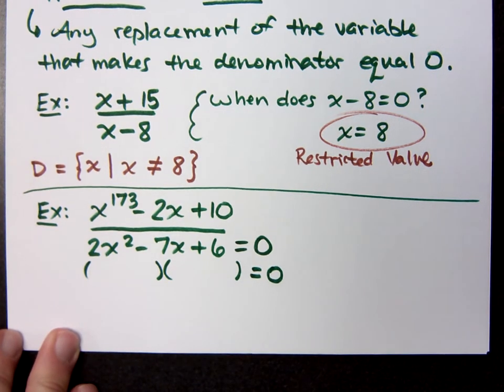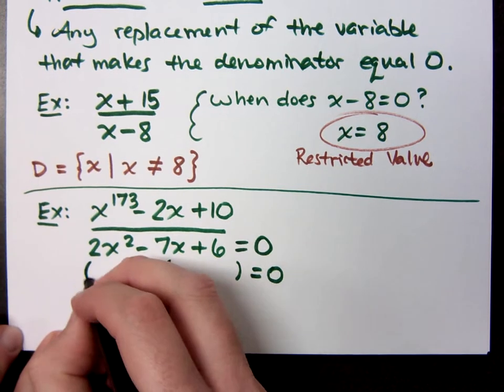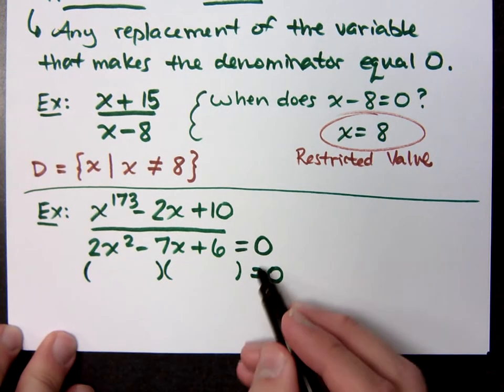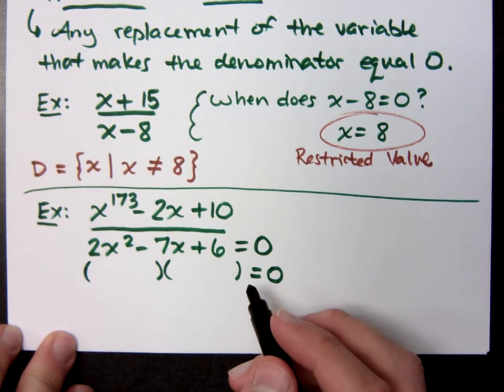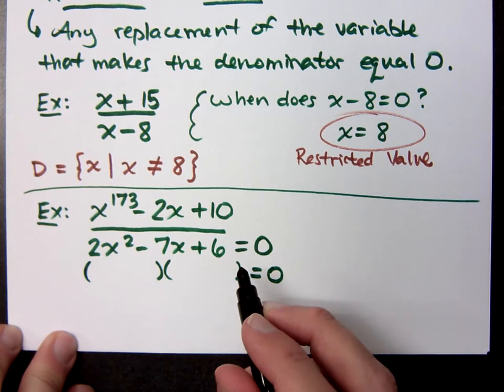How does it factor? Because you're trying to solve this equation. I don't care about the numerator. I want to know what makes that denominator equal to 0, and I'm going to avoid those values. They're going to be restricted values.